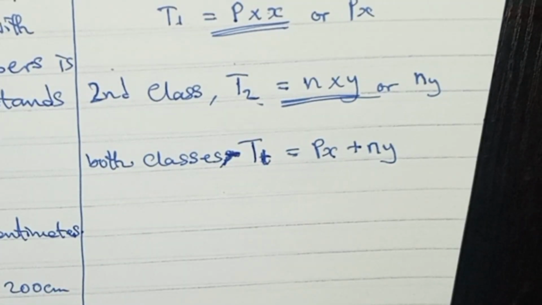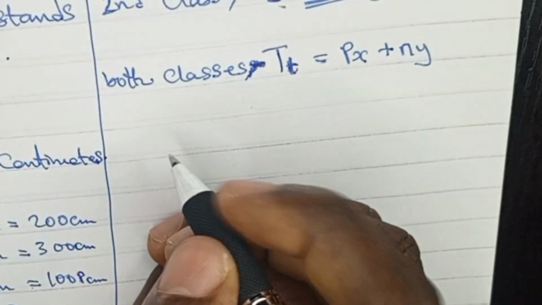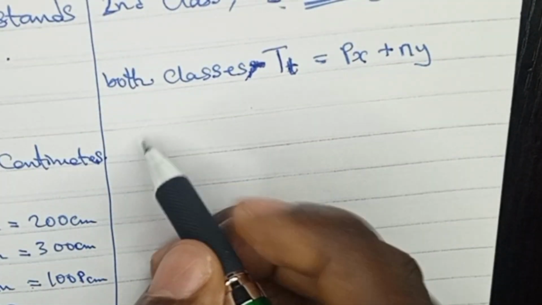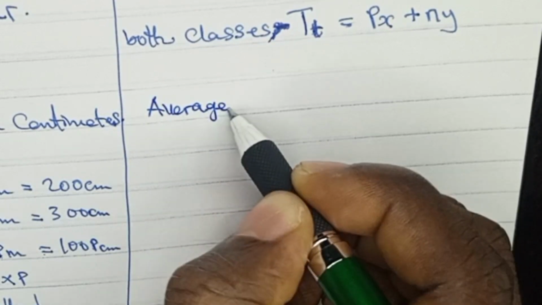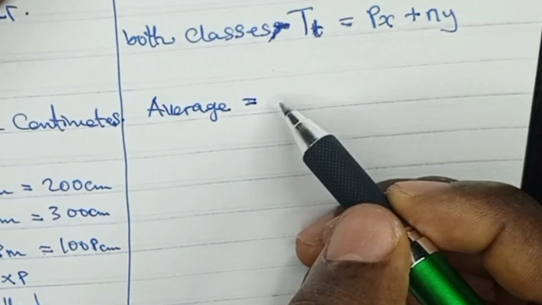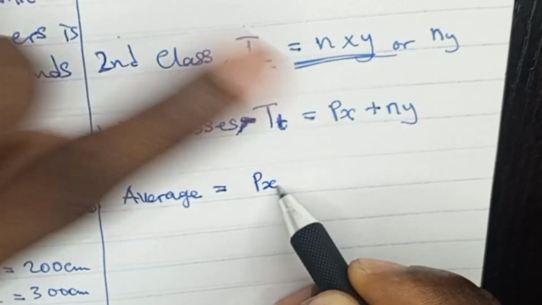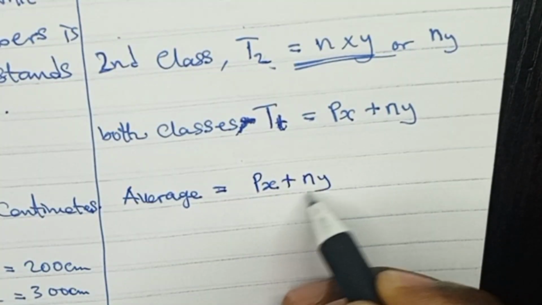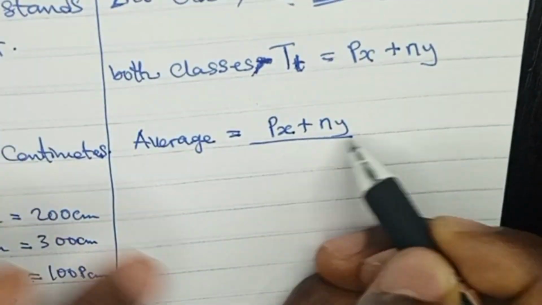Now we use the formula for average again to get the answer to the question asked: the average mark for both classes. The average mark for both classes is equal to the total mark, which is px plus ny, all over the number of students.